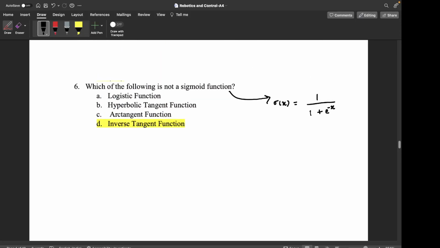So this is the actual sigmoid function, but there are other functions also which have similar traits. How does the sigmoid function look like basically? It looks something like this. I could have drawn it better.